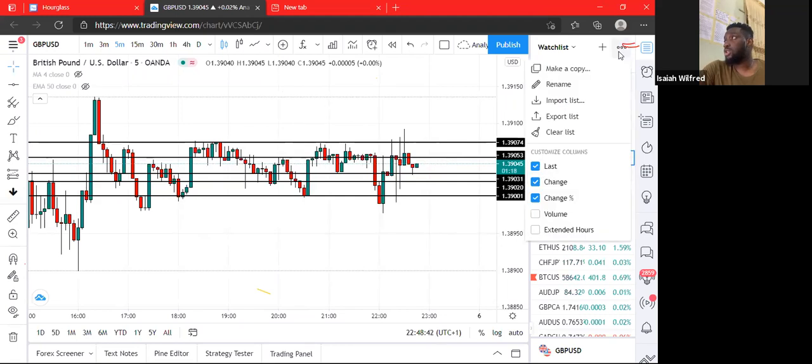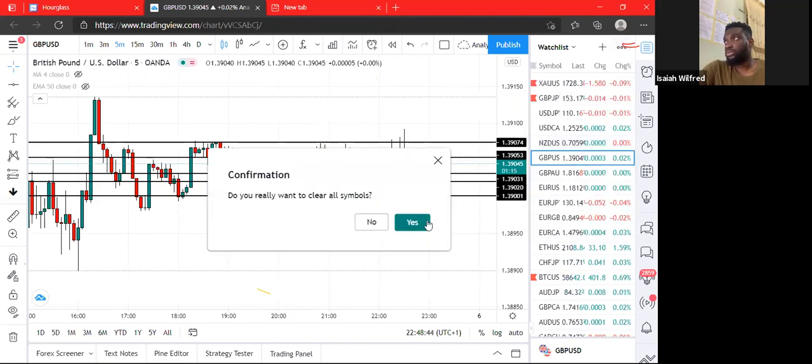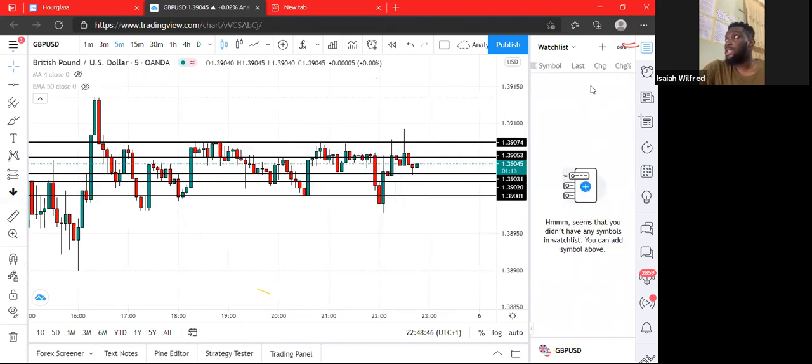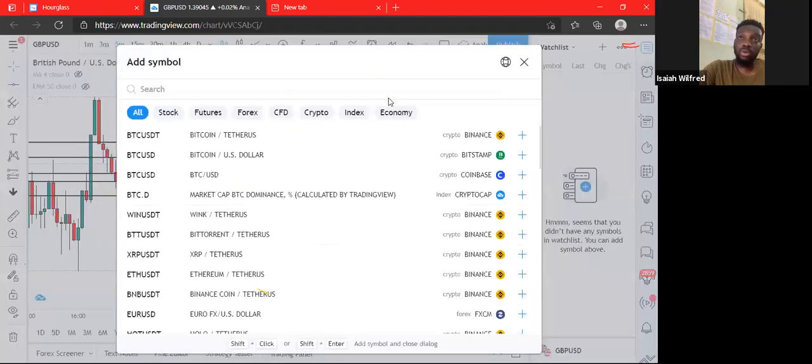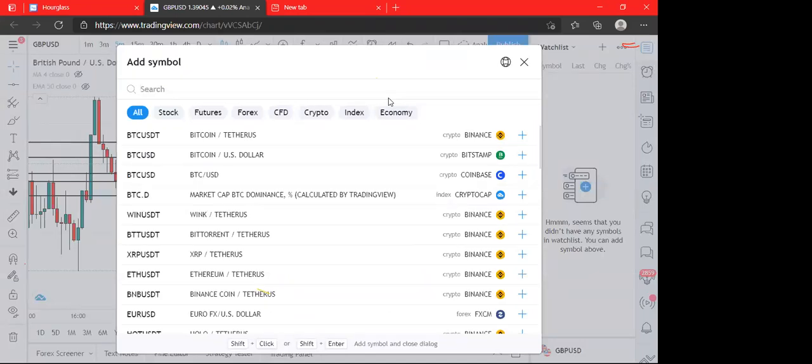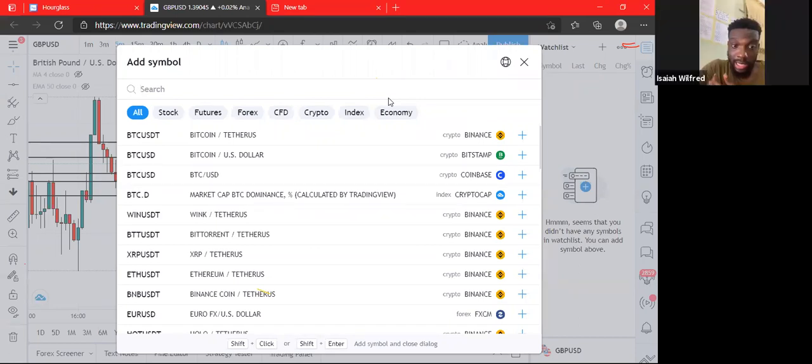Let me show you what you can do. I can clear the list and start to add these currency pairs one by one. You can just clear it and add it manually.